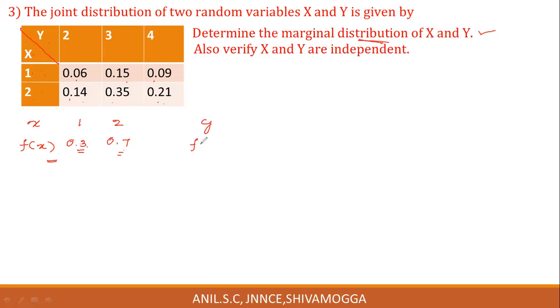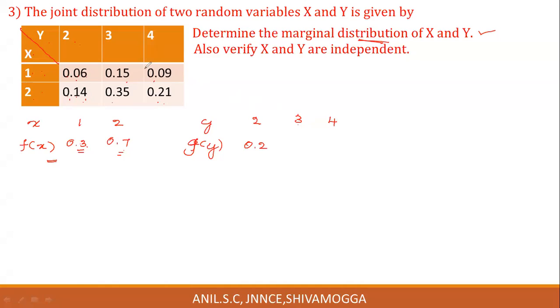Next, marginal distribution of y. F y and g of y. Here y takes three values 2, 3 and 4. Corresponding to this 2, we have 0.06 plus 0.14, that is 0.2.